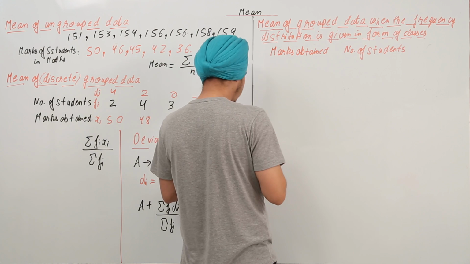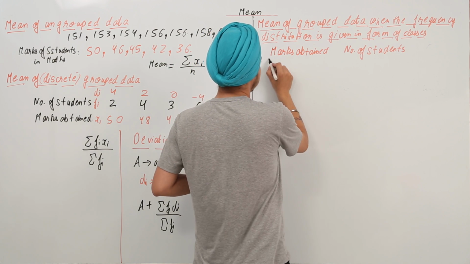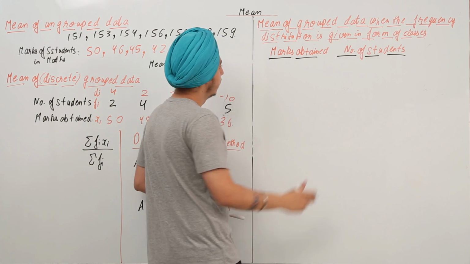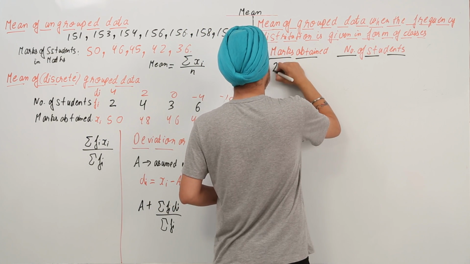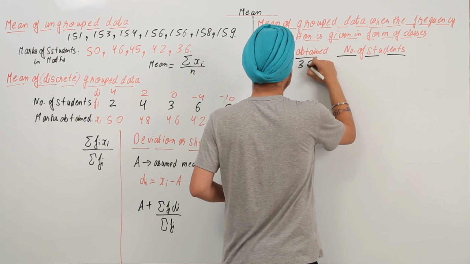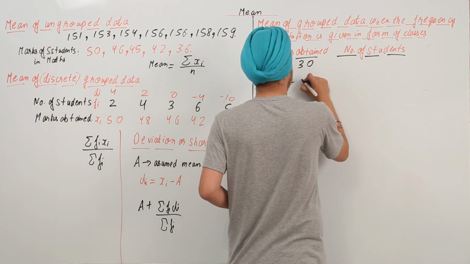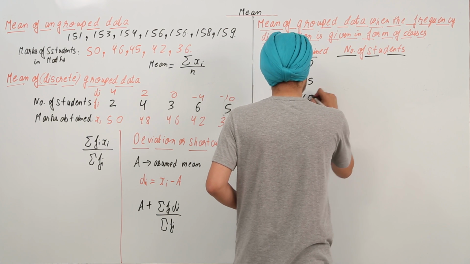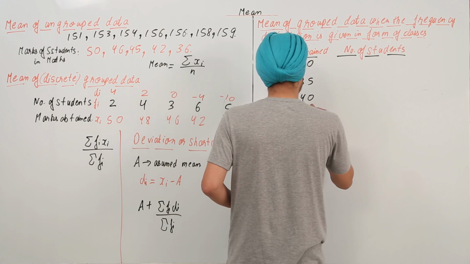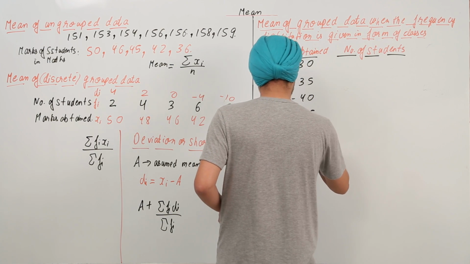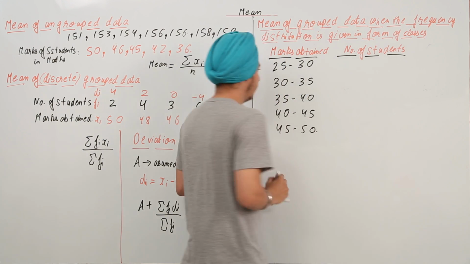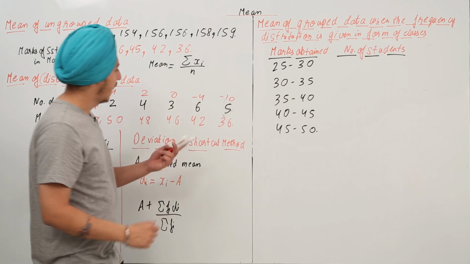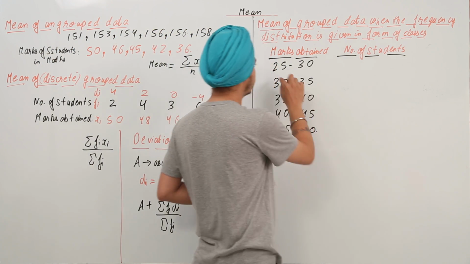So what are the marks obtained? Let's say these marks are again out of 50. So the marks obtained are 25 to 30, 30 to 35, 35 to 40, 40 to 45, and 45 to 50.